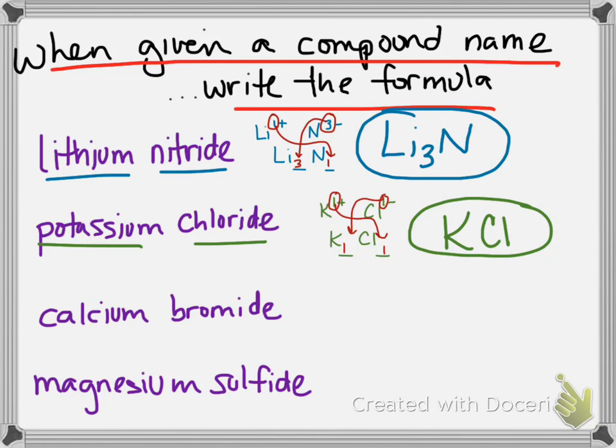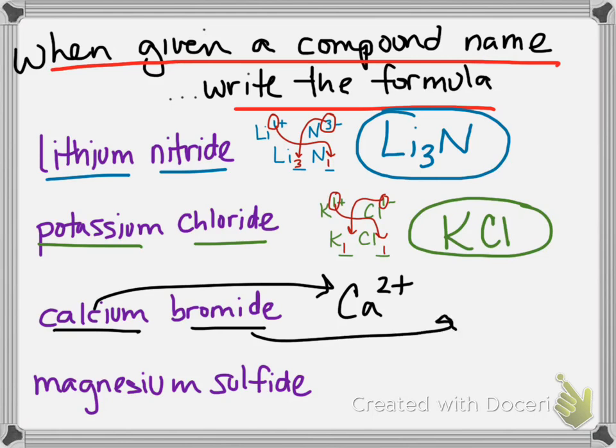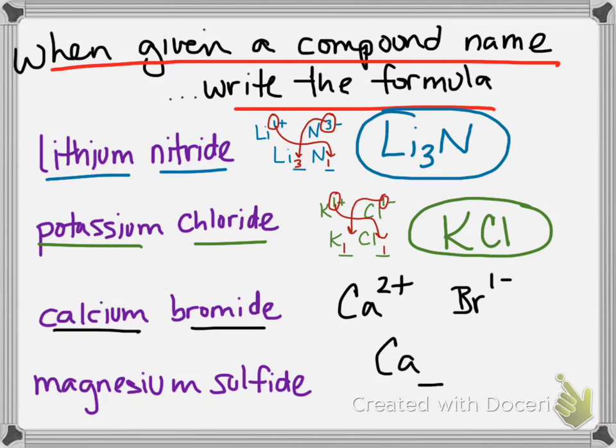Alright, I have calcium bromide up next. So I'm going to look up calcium on my periodic table. We see that it's group 2, so it's going to form Ca2+. And bromine is group 17, so it's going to gain 1 electron to form Br1-. Just like I did before, I'm going to rewrite these with room for a subscript.